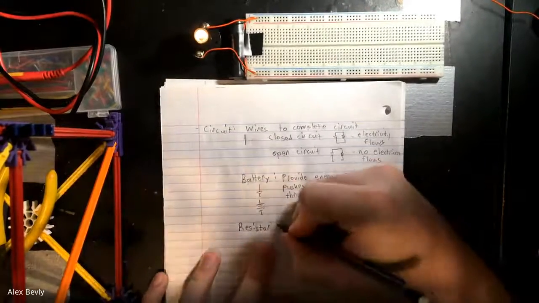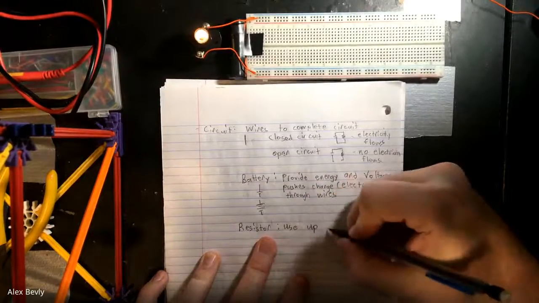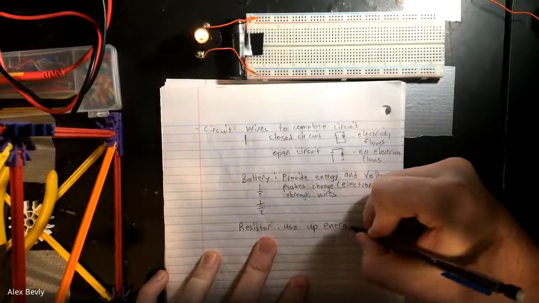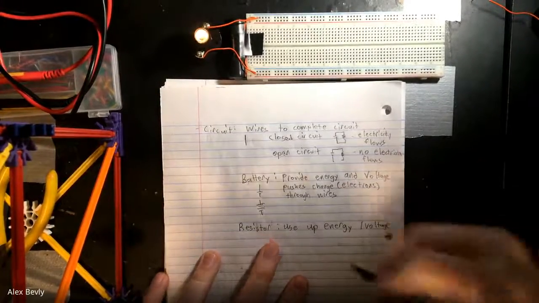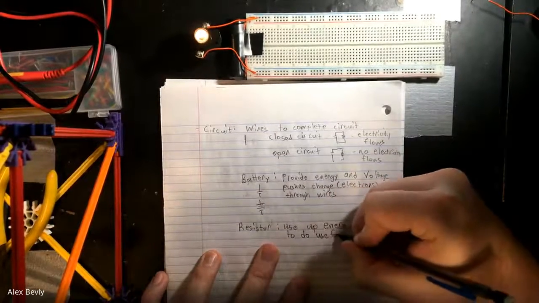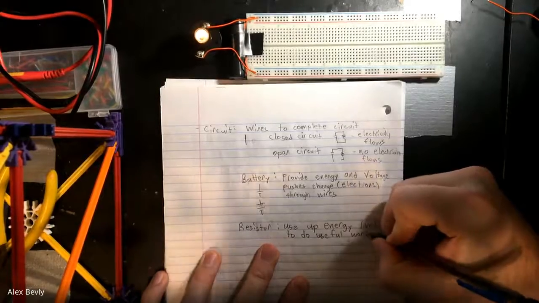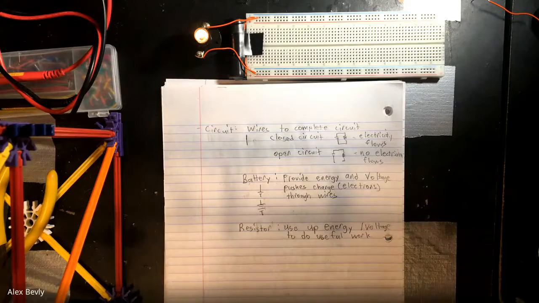So a resistor is going to use up that energy, that voltage, to do useful work. Anything that we plug in is going to be a resistor. I plug in a light bulb, that's my resistor.